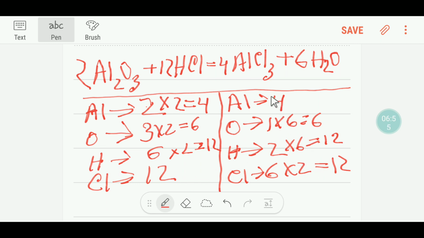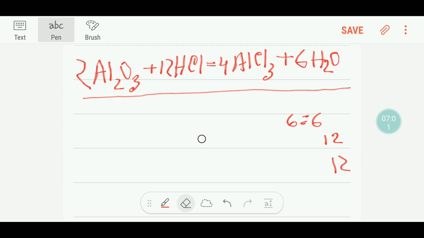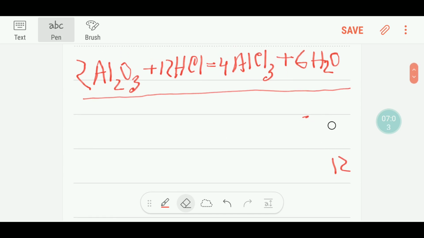So now what can you do? This is the balanced equation, but you can do more. See here, these 2 can be divided by 2, this 12 divided by 2, this 4 divided by 2, and this 6 can be divided by 2.